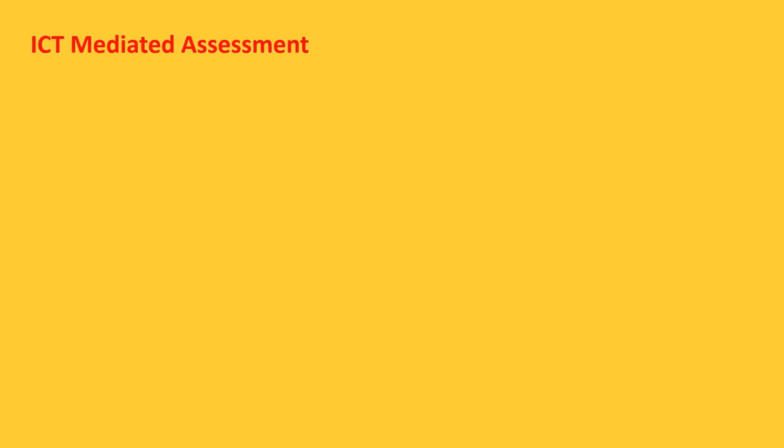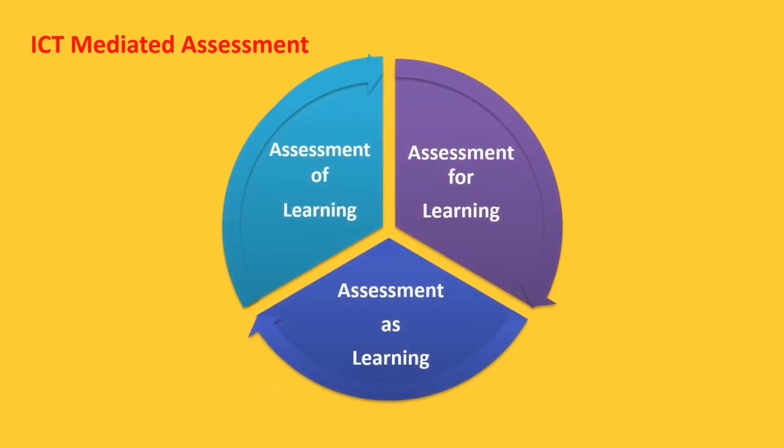Now we will talk about the different types of assessment. In general, in a teaching learning process, assessment is done at 3 points, 3 times. One at the beginning of the teaching learning session, the other in between the teaching learning session, and the other is assessment conducted at the end of the teaching learning session.